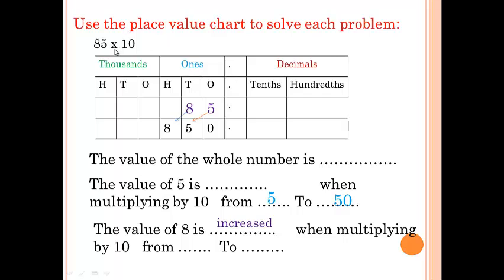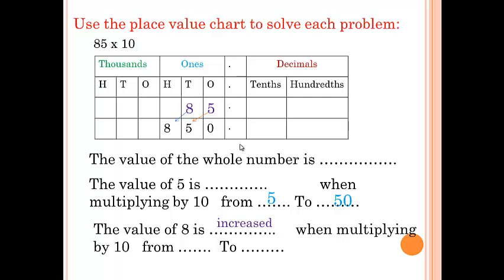Multiplying, so increase each place to the next place, means 5 in the ones, change it into the next place, 5 in the tens. 8 in the tens, change it to the next place in the hundreds, and this ones place is empty, so we will put 0. The value of the whole number, here we are multiplying, increased or decreased?